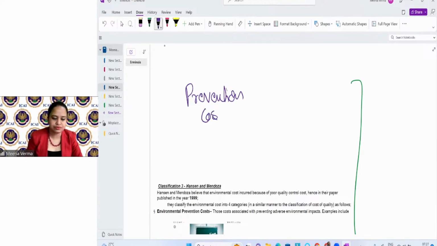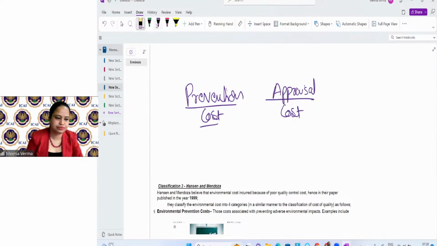Prevention cost, appraisal cost, then internal failure cost, then external failure cost.